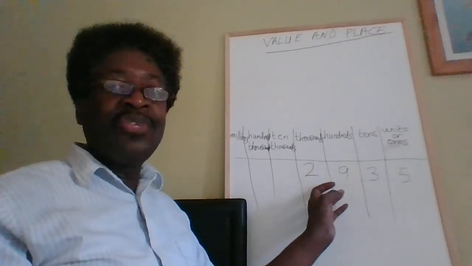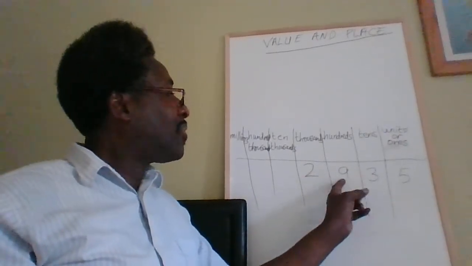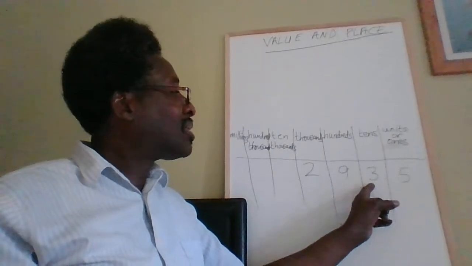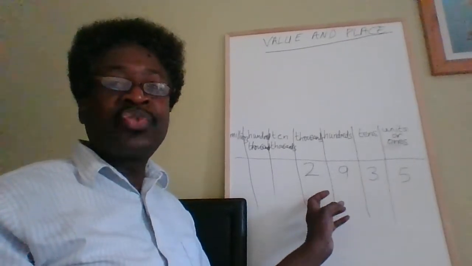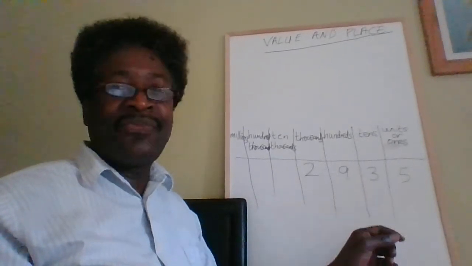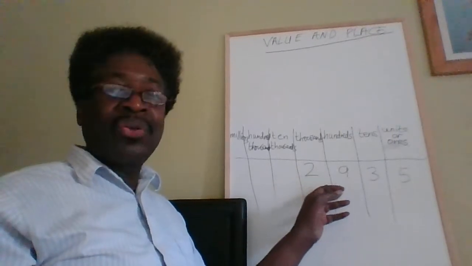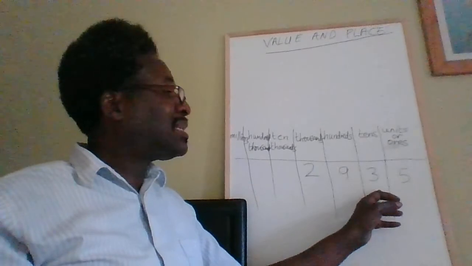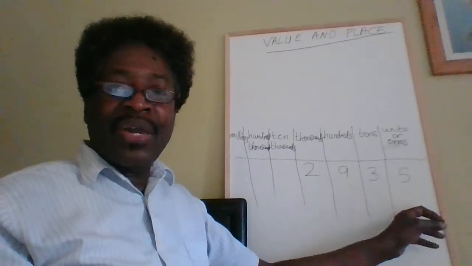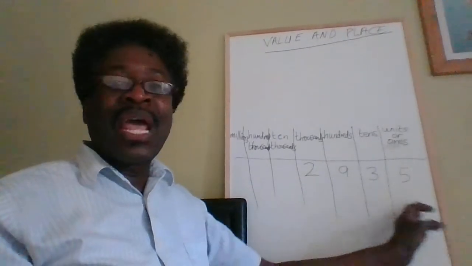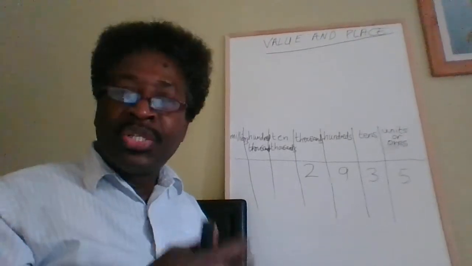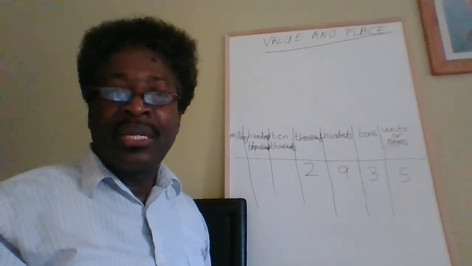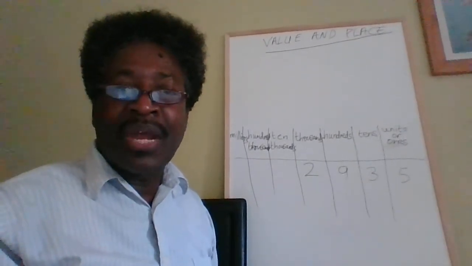So basically, when you add 2,000 plus 900 plus 30 plus 5, you will get 2,935. So if you add 2,000 cars to 900 cars to 30 cars plus 5 cars, you get 2,935 cars. We'll talk about addition in a future lesson, but nothing stops us from talking about it right now.